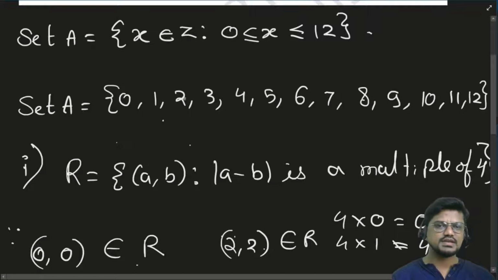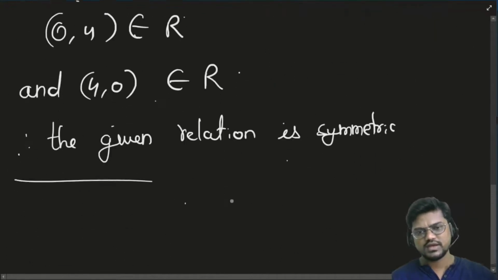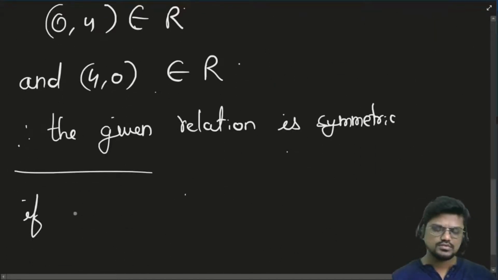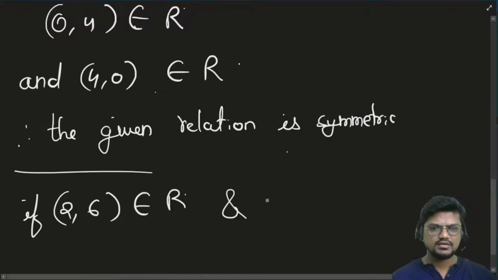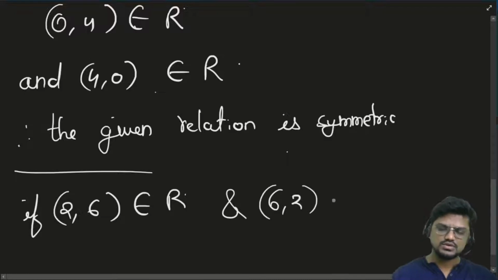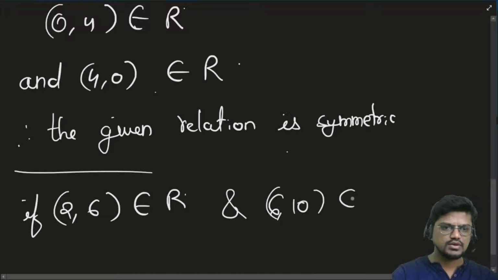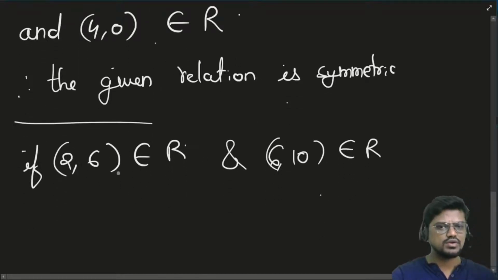If (2, 6) belongs to the relation, and (6, 10) belongs to the relation, then to check transitivity, (2, 10) should belong to the relation, only then will it be transitive.